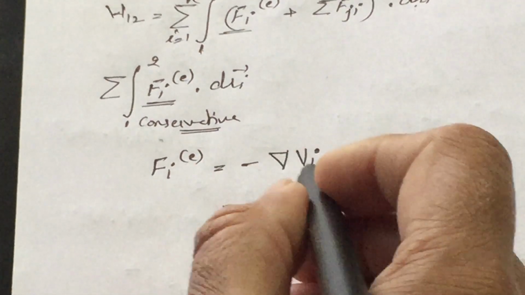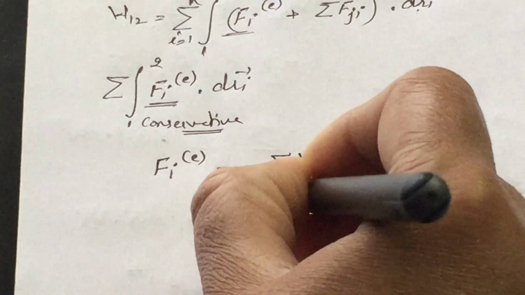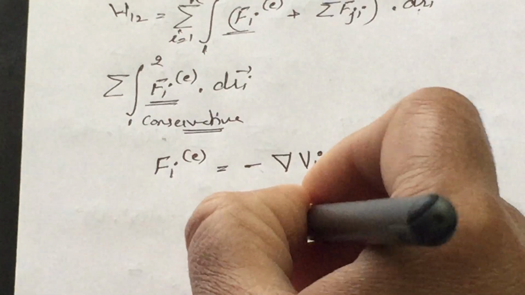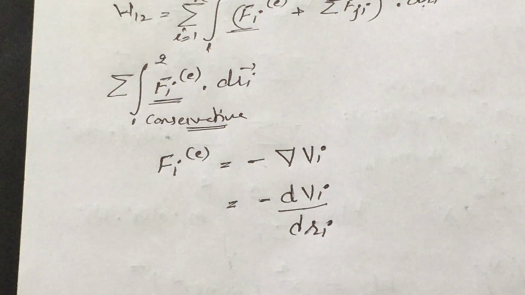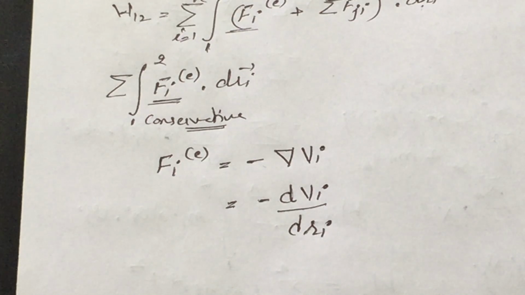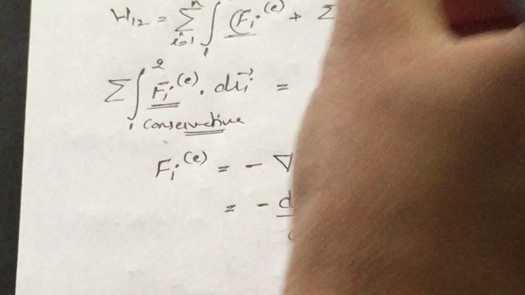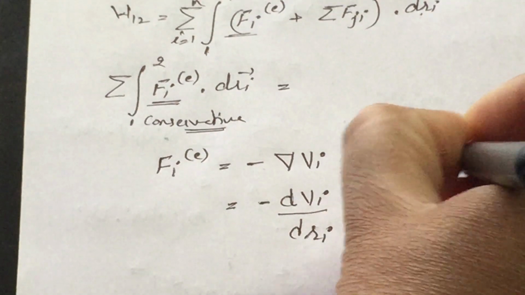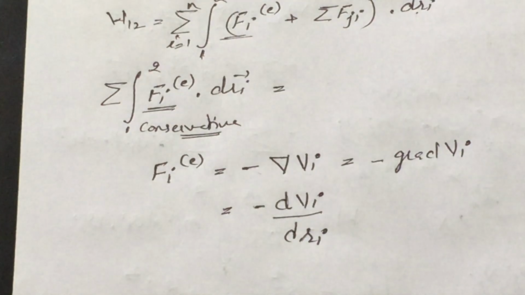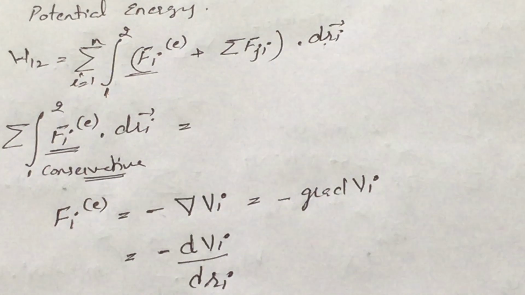This quantity is the change in the potential energy with respect to the displacement, and the displacement in our case is dri. So we can put this whole thing here. This is also known as the gradient of vi, so we can put the conservative force as minus gradient of vi.